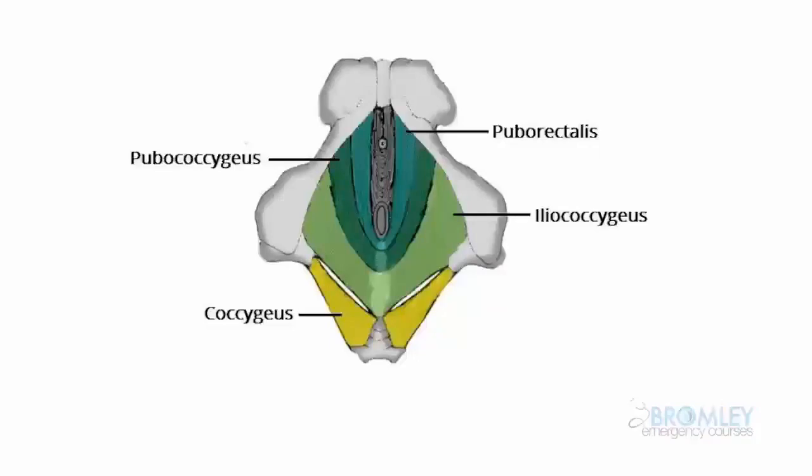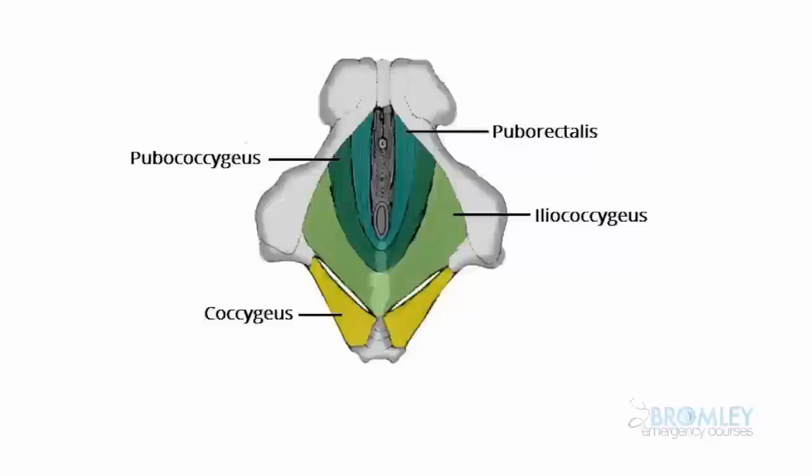The main function of this muscle is to maintain fecal continence. So during defecation, this muscle relaxes. So it's a U-shaped sling, it has tonic contraction and contributes to the formation of the anorectal angle, and its main function is to maintain fecal continence.